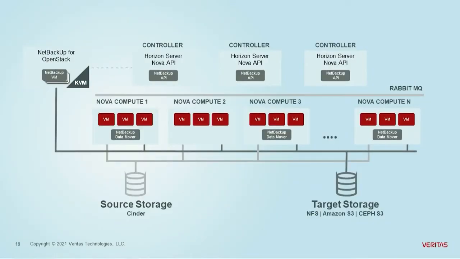We have built-in clusters that eliminate single points of failure, and NetBackup for OpenStack can be scaled independently based on the number of VMs to meet cloud scale. And that's really important. We have to be able to meet cloud scale, because when enterprises go to OpenStack, in fact, they are looking at tremendous scale there.